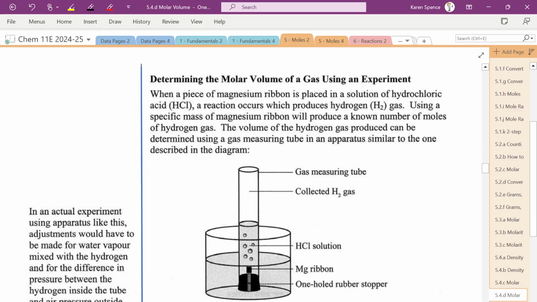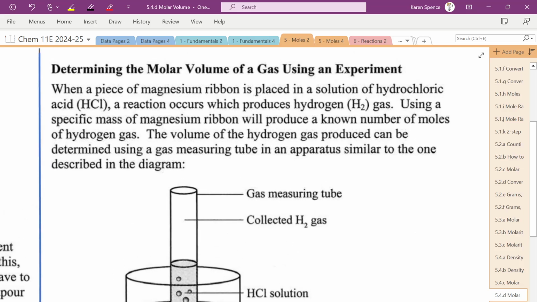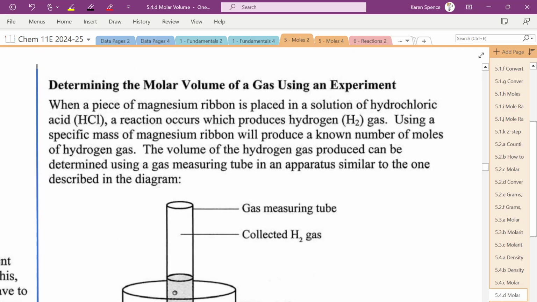This here, I don't know if you guys read this, I didn't assign it because I thought it would be nice to go over it today together. Okay. Determining the molar volume of a gas using an experiment. So we're going to take a piece of magnesium ribbon.